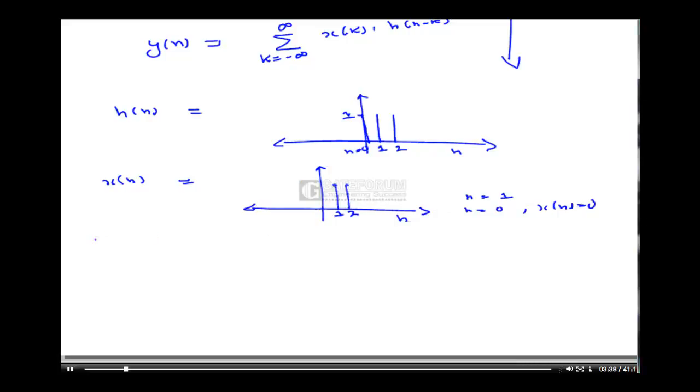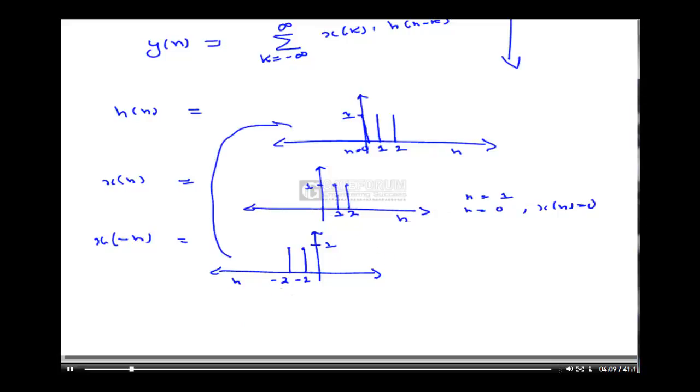What we will do is time reverse it, and it becomes minus 2, minus 1. The amplitude is 1 here, and this will also remain 1. Now take this input, superimpose it over here and shift it inside h(n).